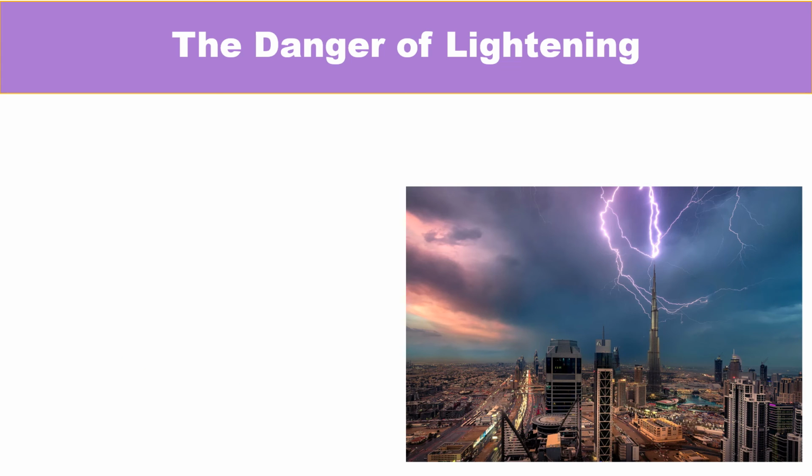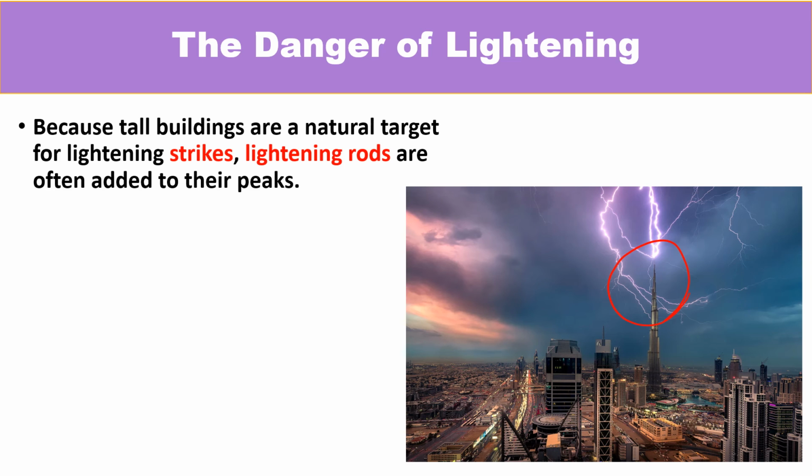I gave you an example on the right side. It's a picture that captured a lightning strike going to the tallest and pointiest building you can see. I forgot which city this was, but in any case, because tall buildings are a neutral target for lightning strike, lightning rods are often added to their peak.